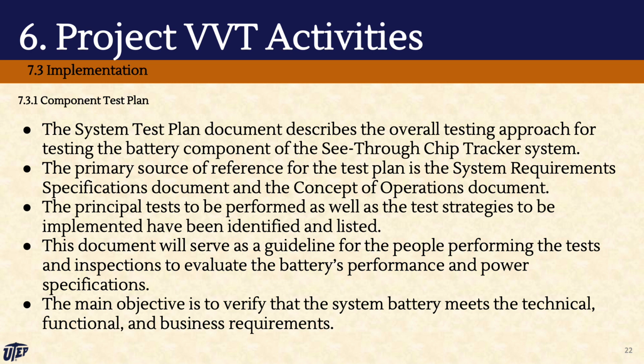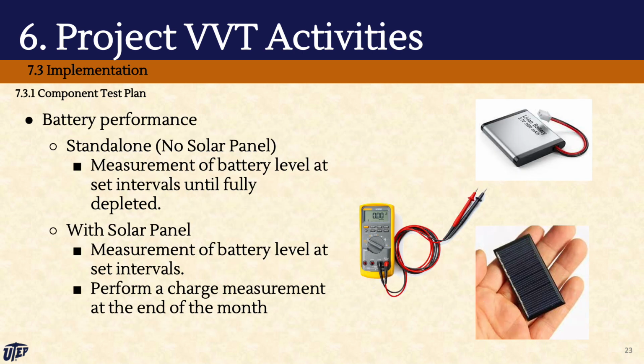The main tests to be performed, as well as the test strategies to be implemented, have been identified and are listed. This document will serve as a guideline for the people performing the tests and inspections to evaluate the battery's performance and power specifications.